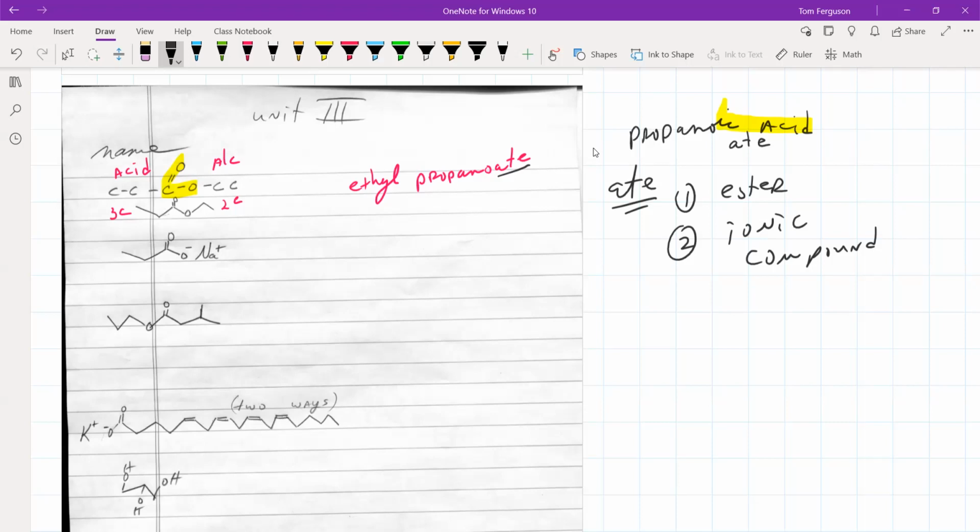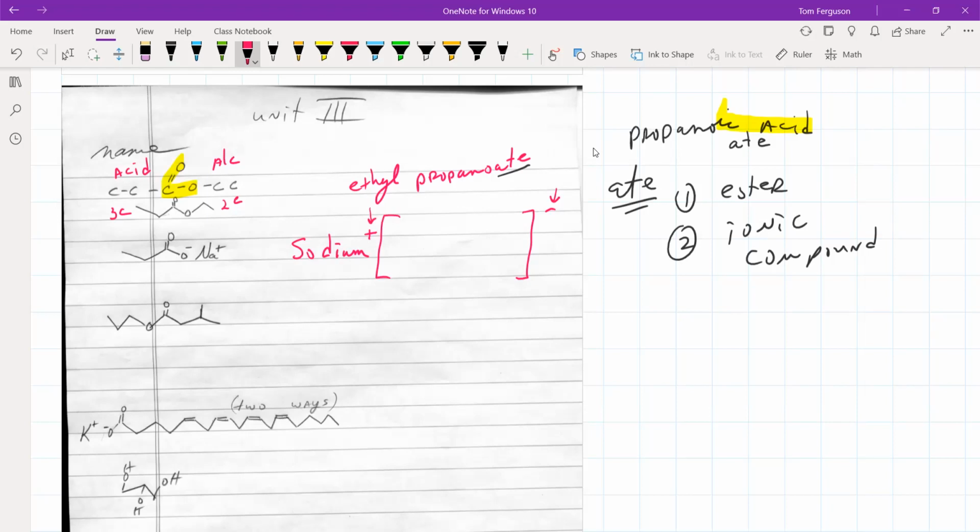an acid salt here. So I'm going to name that sodium. And that is optional. That is not optional.